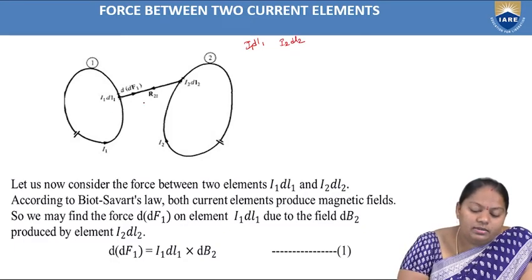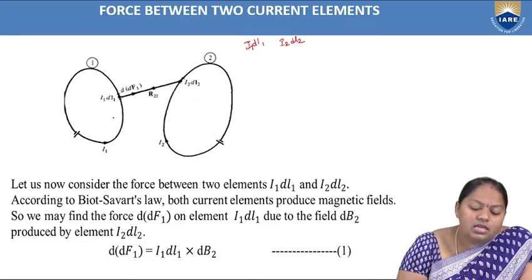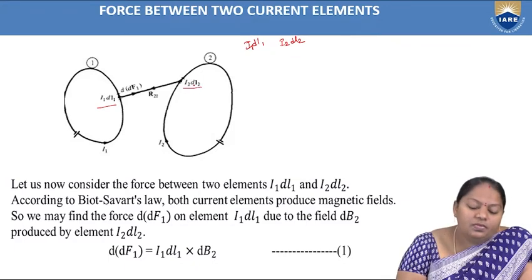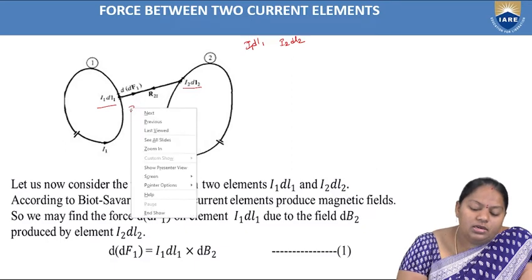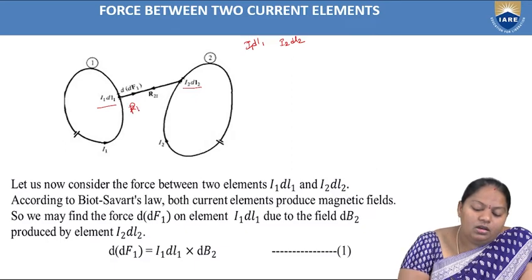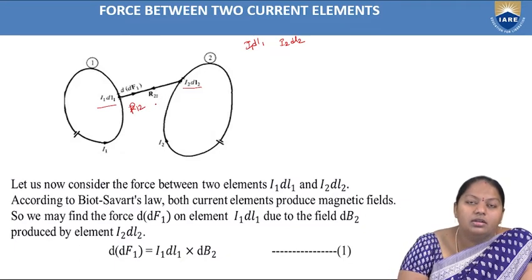If we consider two conductors 1 and 2, where the first conductor has the current element I1 dl1 and the second has I2 dl2, and if you want to find the distance between them, we are going to consider R12 or else R21, either of the directions.